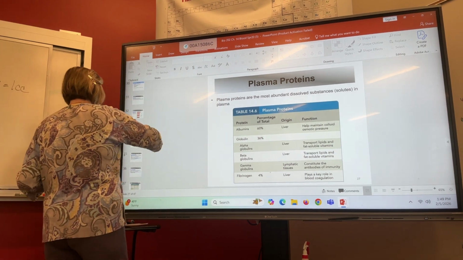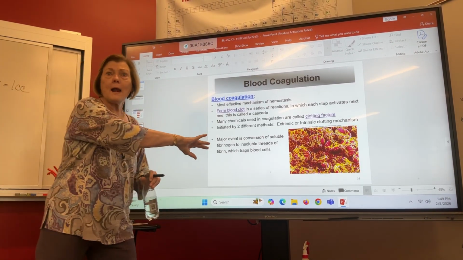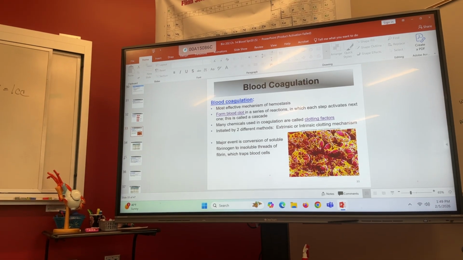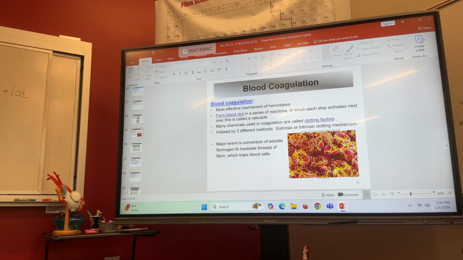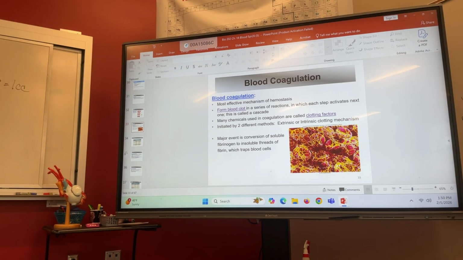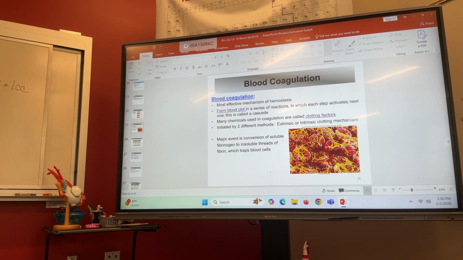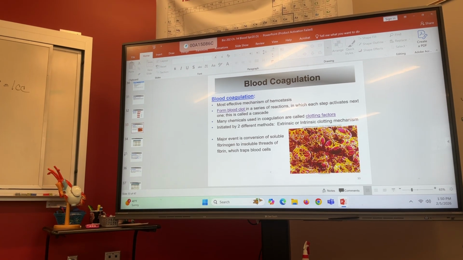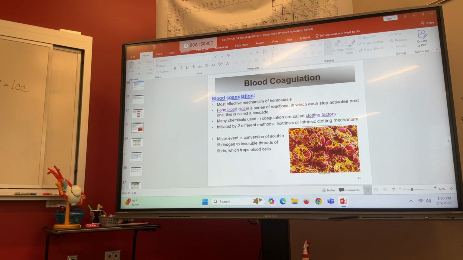Okay? So what I'm saying to you is that floating around in your plasma, you already have this inactive plasma protein, fibrinogen, that is ready, that as soon as you need your blood to clot, it's going to become activated.